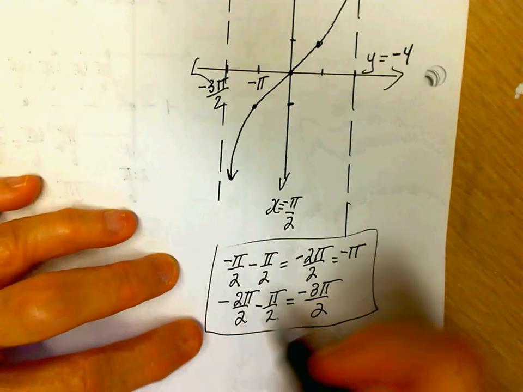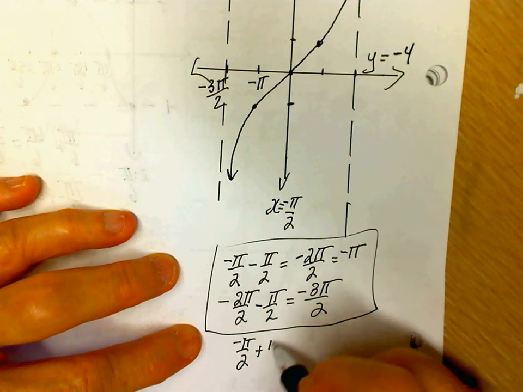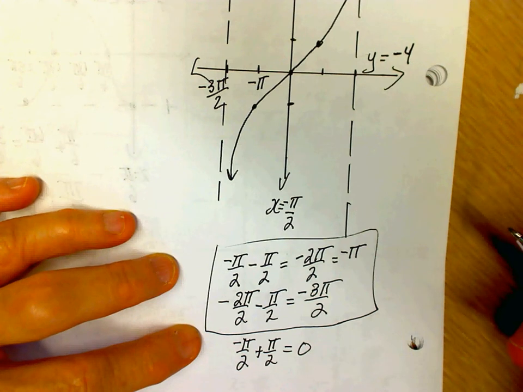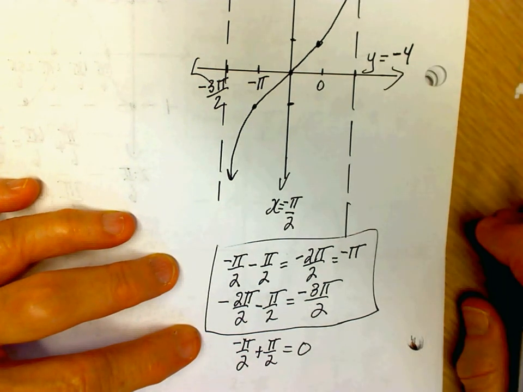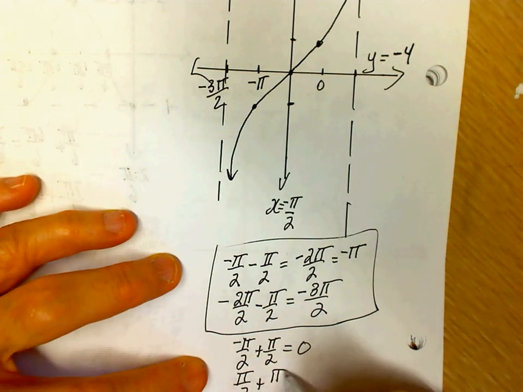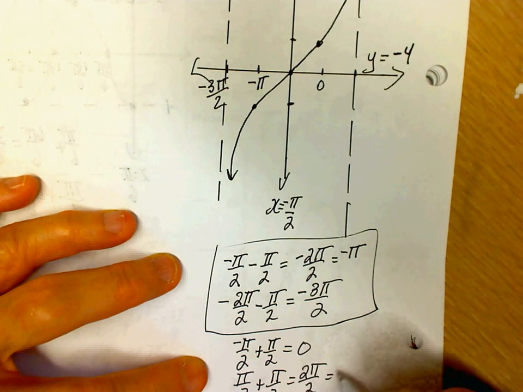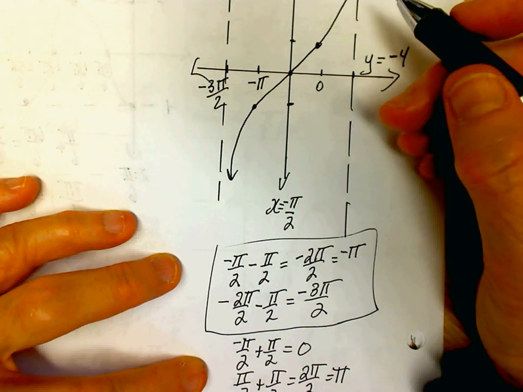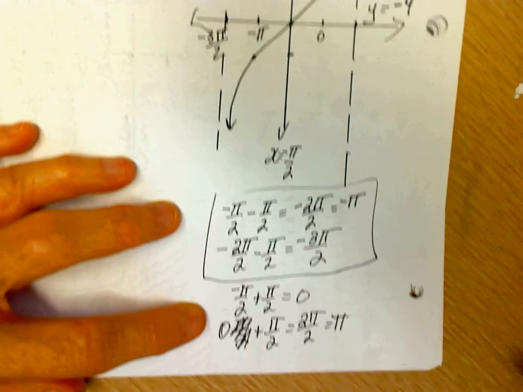-pi by 2 plus pi by 2, that's 0. Pi by 2 plus pi by 2 equals 2 pi by 2, which is pi. Oh yeah, 0 plus pi by 2 equals pi by 2, right?